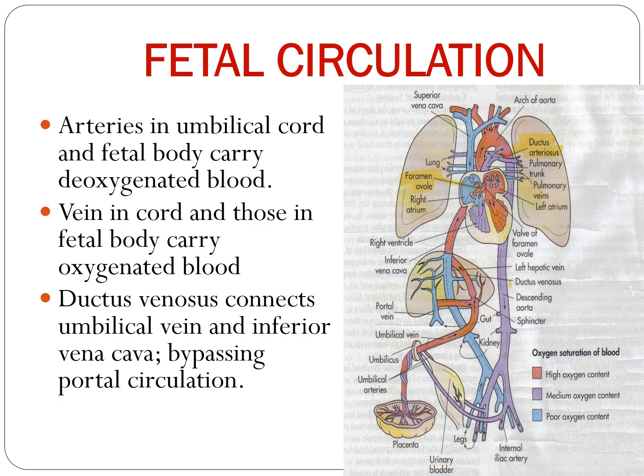Fetal circulation. Dahil nasa heart na tayo, the arteries in the umbilical cord carry the deoxygenated blood from the fetal body, kulay blue. The vein in the cord carries the oxygenated blood.